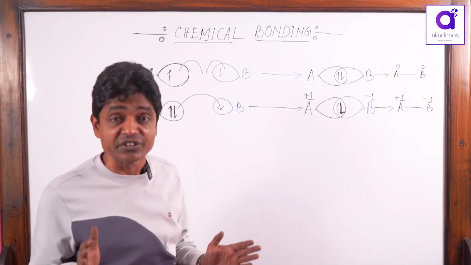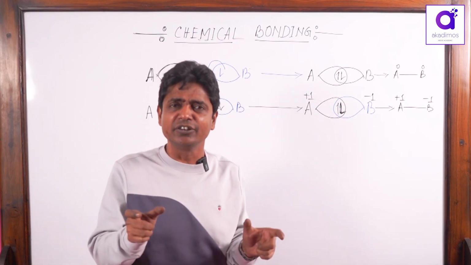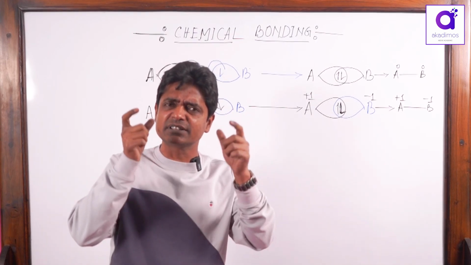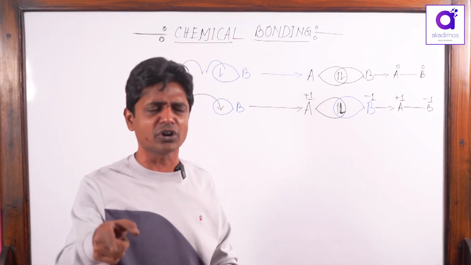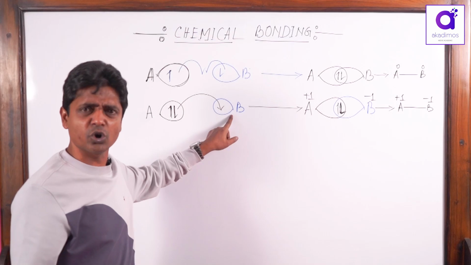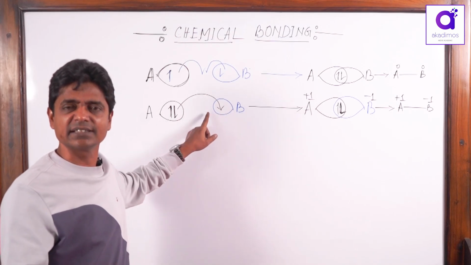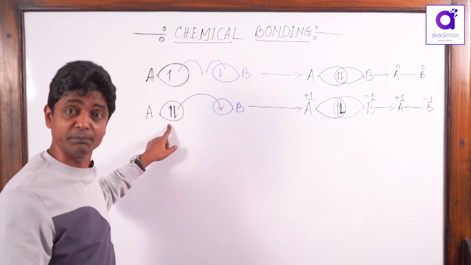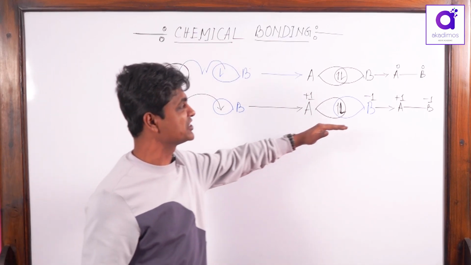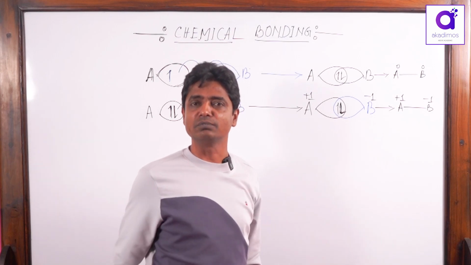That is vacant orbital, occupied orbital, singly occupied orbital, all orbitals can form a bond. Electron is not the criterion. See, in B, there is no electron, but there is an orbital that can form a bond with a fully occupied orbital. Remember also the formal charge created on the atom.